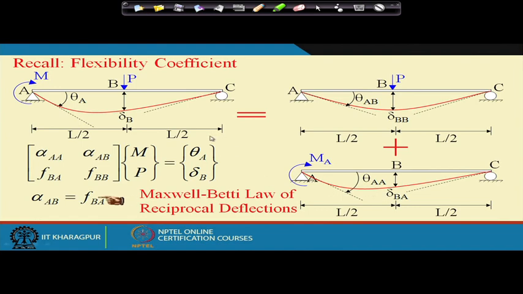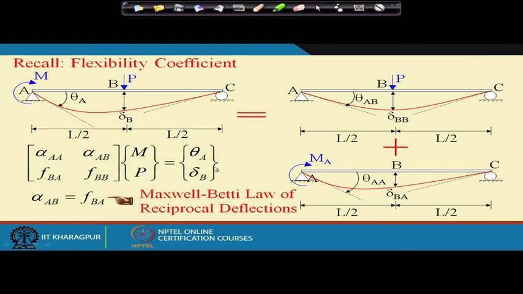Suppose in this case we have two forces, a moment M acting at A, and a vertical force P at B. Then delta B is the deflection in the vertical direction measured at B, and theta A is the rotation at A. We saw how theta A and delta B are related to the corresponding external forces through this expression written in flexibility format. This matrix is a flexibility matrix, and all these coefficients are flexibility coefficients.